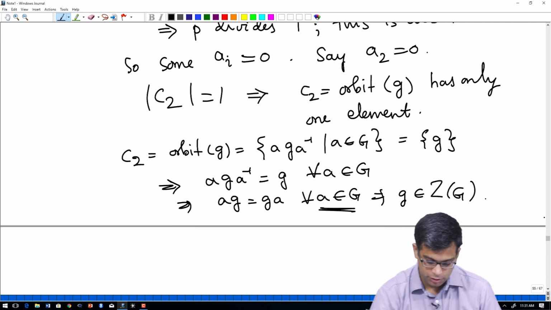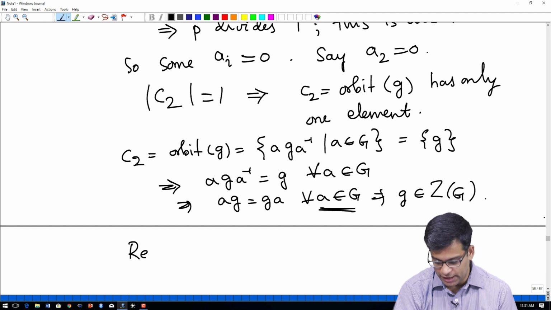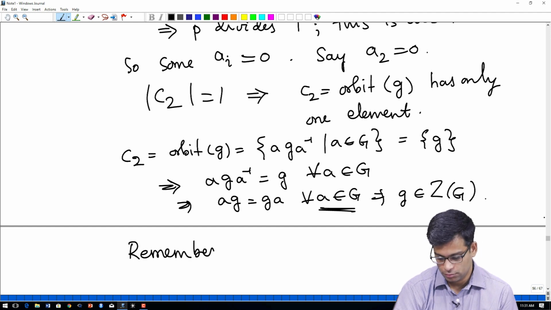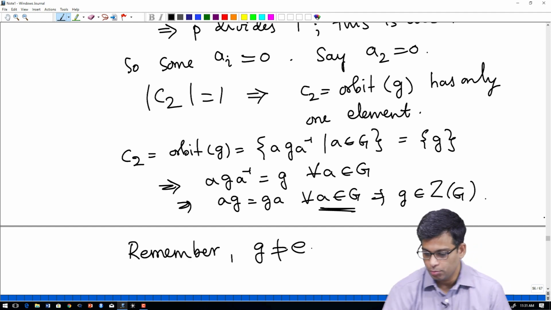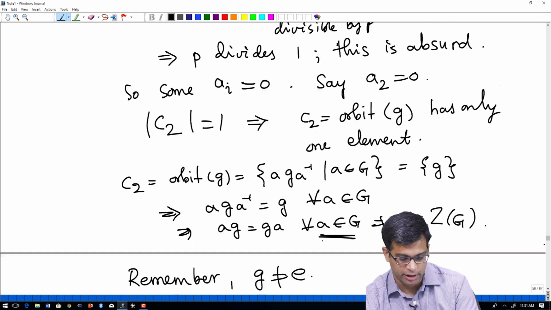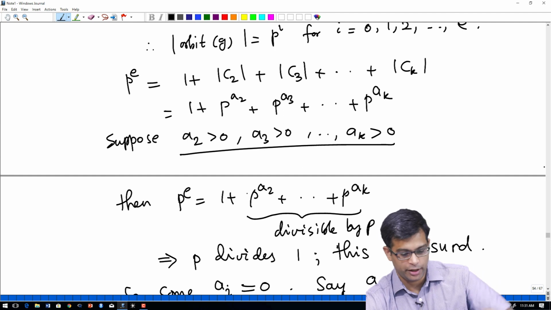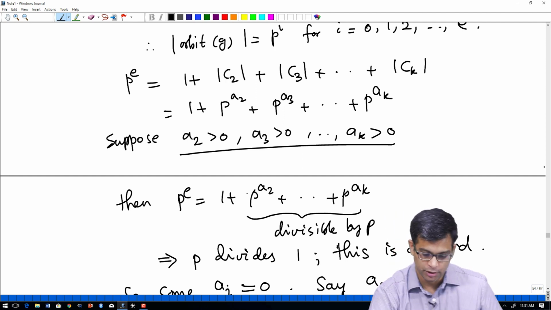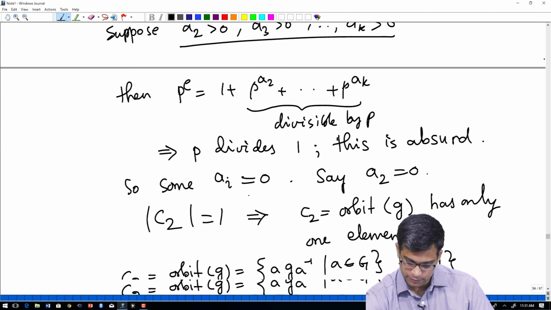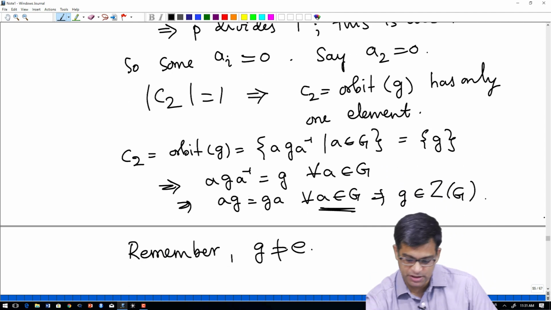And remember, g is different from e, because I am taking the second thing that appears in the class equation. These are distinct orbits. e already is taken care of when we wrote 1. So, C2 is the orbit of g, and g must be different from e.